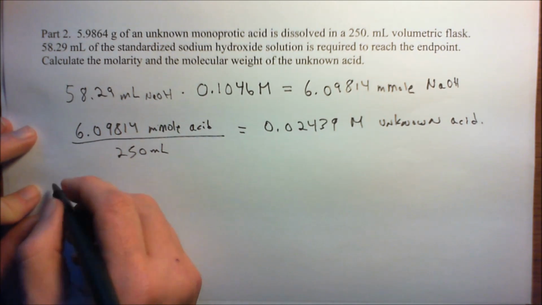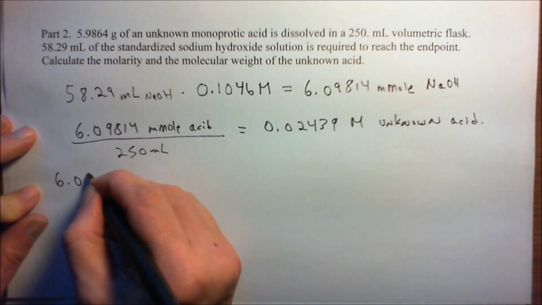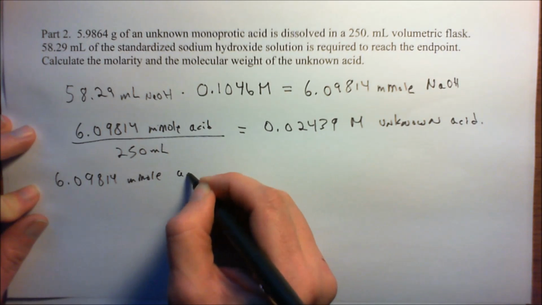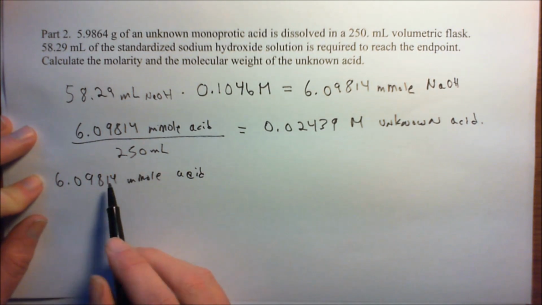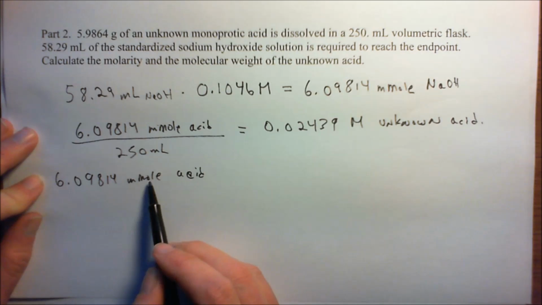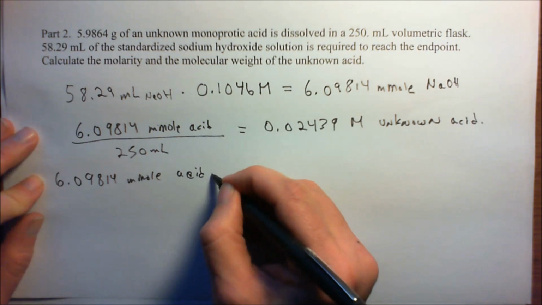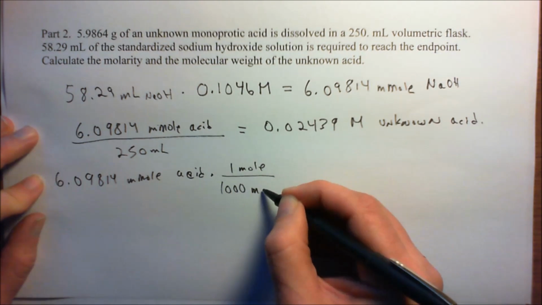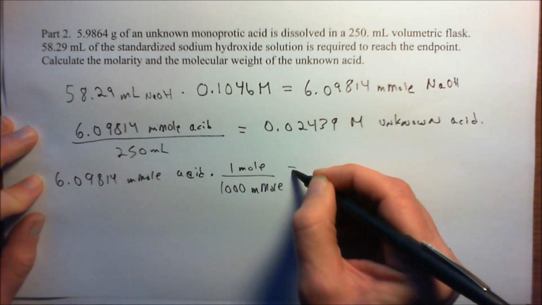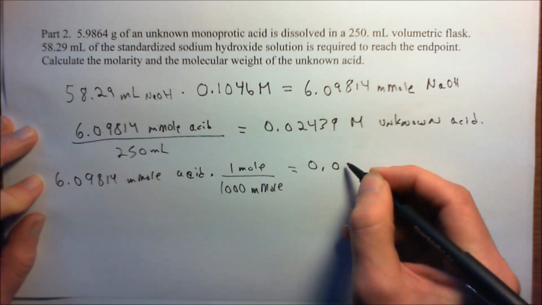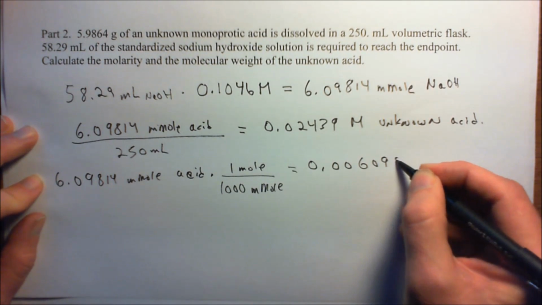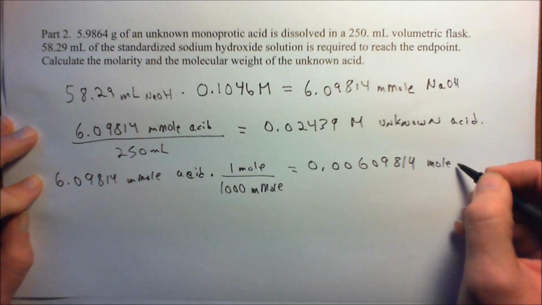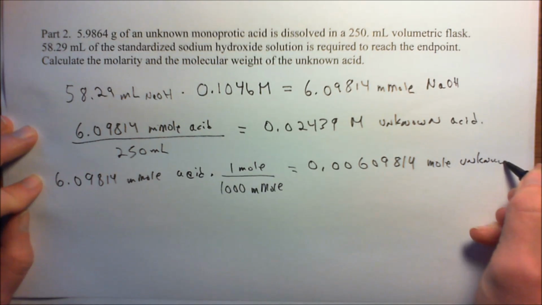So let's go ahead and take the millimoles of the acid and you'll recall that there are 1,000 millimoles in a mole, and so 1 mole is 1,000 millimoles, and that gives us 0.0060984. I'm not using scientific notation because I don't really need to. And that's moles of the unknown.